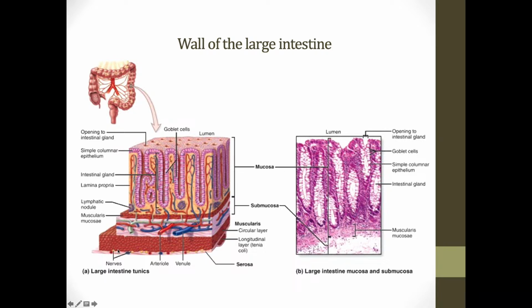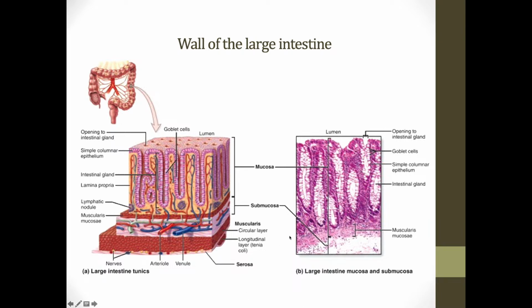And the outer layer is the serosa, again a thin layer of connective tissue with blood vessels. Unlike the adventitia, here there are not so many adipocytes; adipocytes are usually many in adventitia.